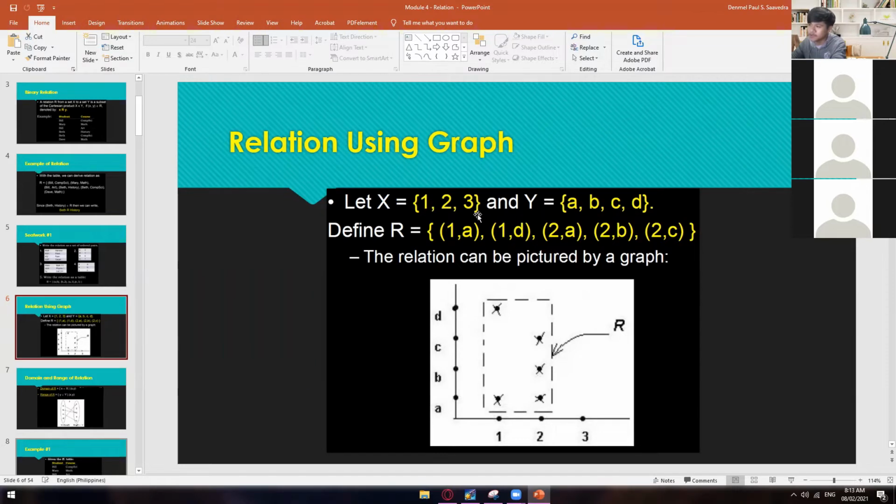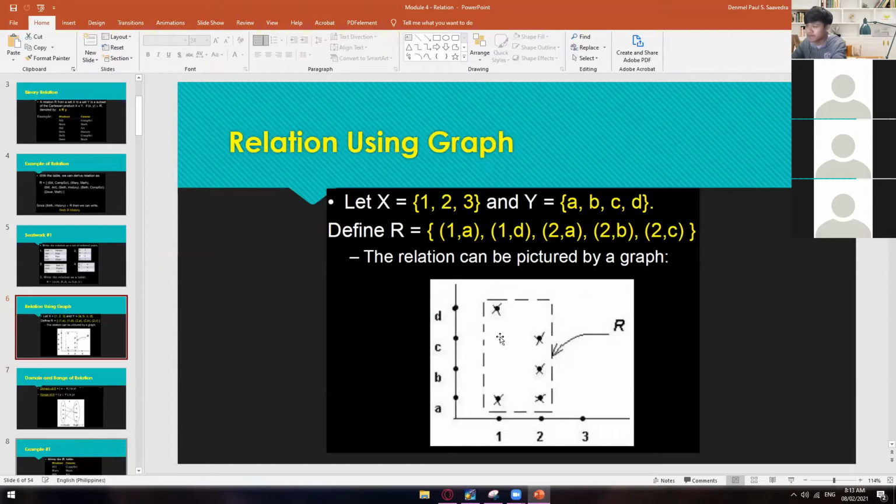Okay, if you're going to get the relation using Cartesian product, you'll arrive at a total of 12 relations. But in here we only have 1, 2, 3, 4, 5. Okay, so those are just random relations that came from our sets. Okay, so in here we just want to show that this relation can be shown using a graph.